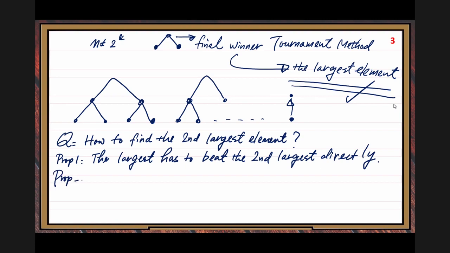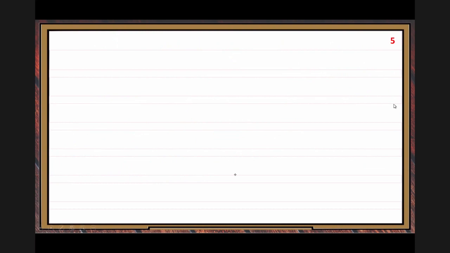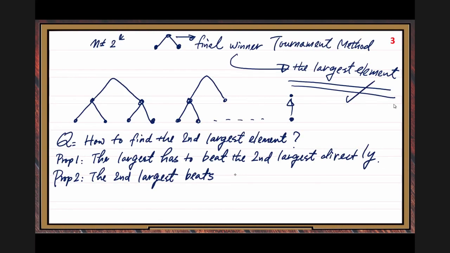All right. Probably property 2. The second largest beats all other players, all others, except the largest.